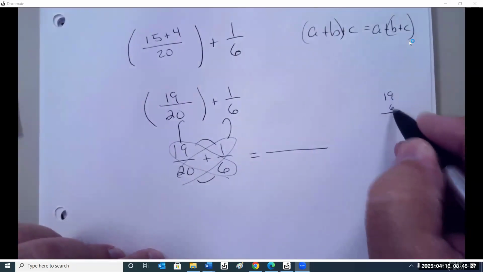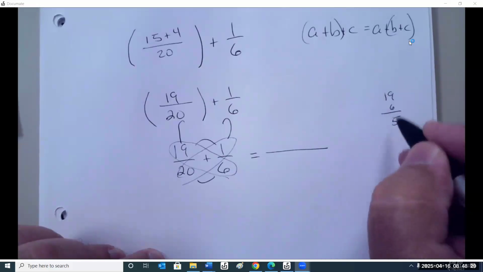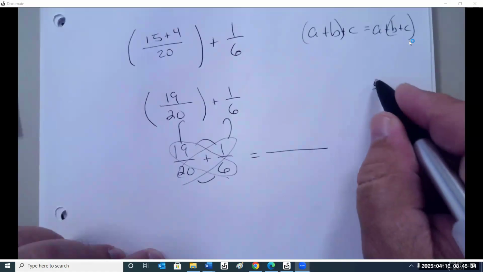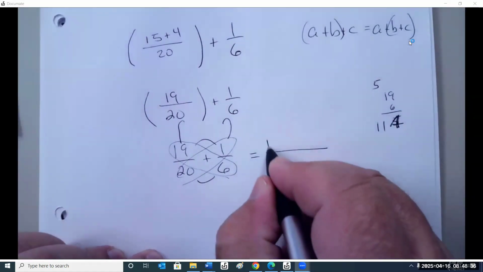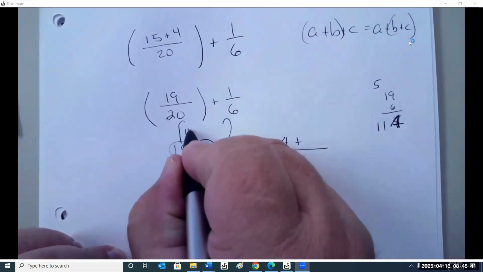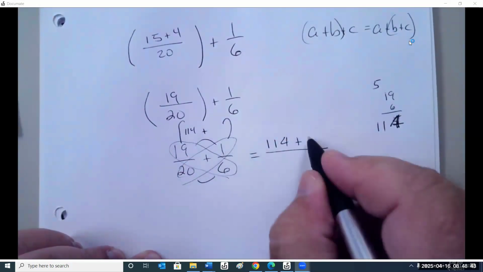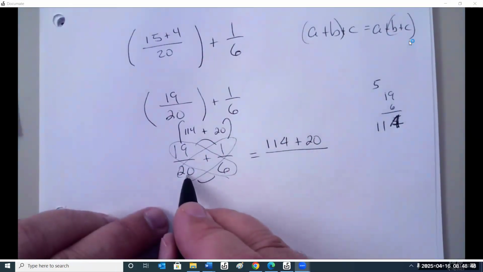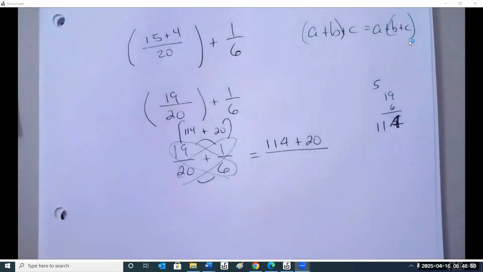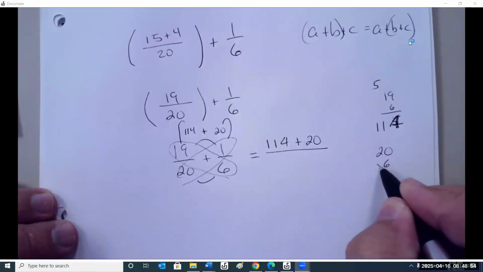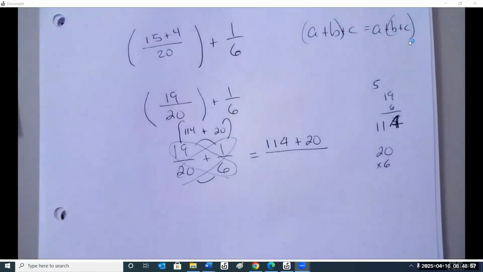So 9 times 6 is 54. 6 times 1 is 6 plus 5 is 11. So it's 114. That's 114. Plus 20 times 1. And then the bottom is 20 times 6. Whenever you have a number that ends in a 0, it's easy.